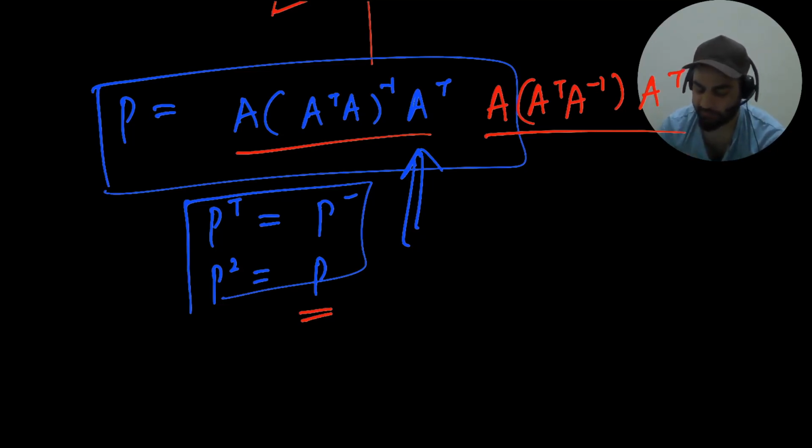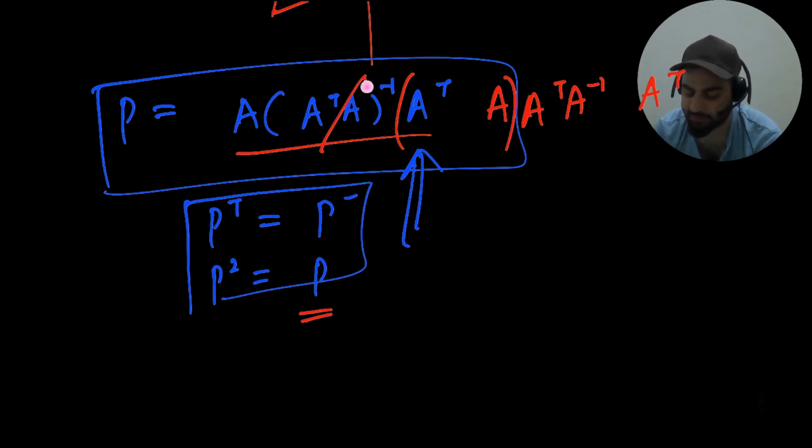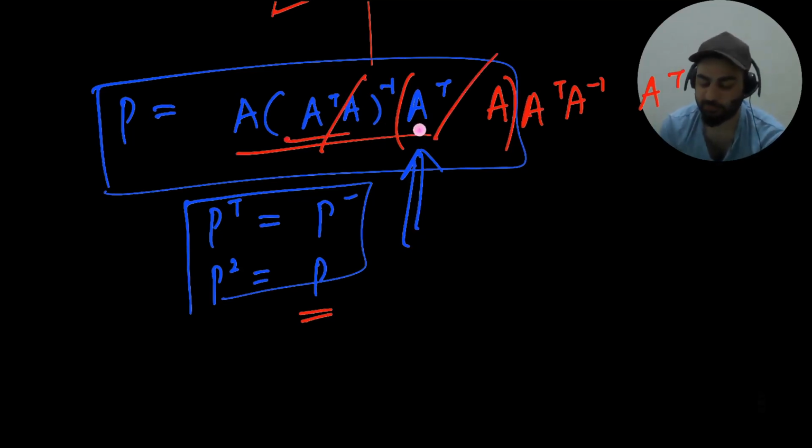So put these two brackets over here. Because this and this becomes identity, since this is the inverse of this, this becomes identity as a whole.